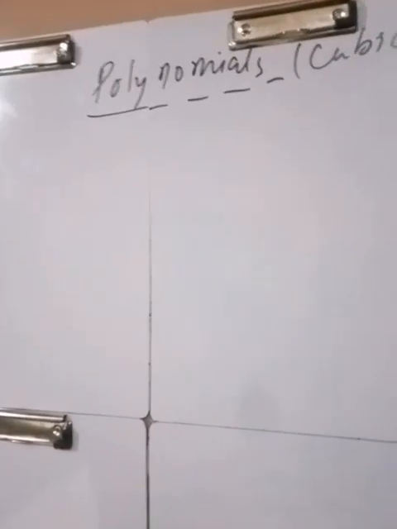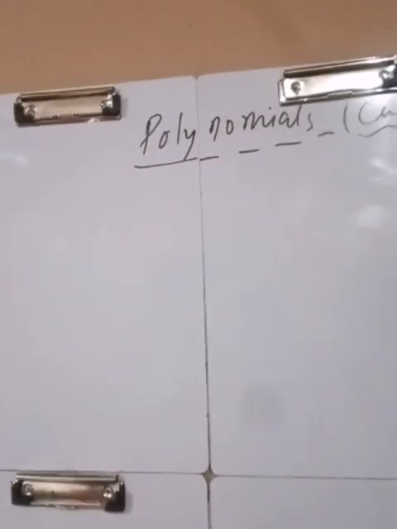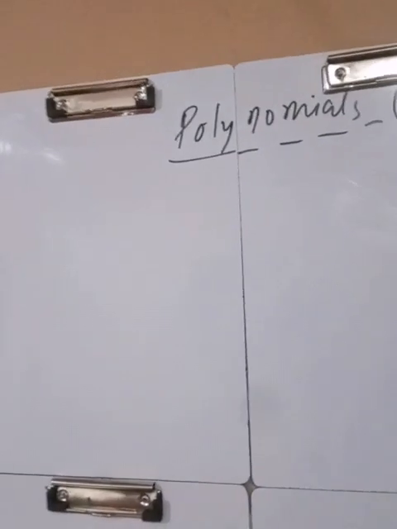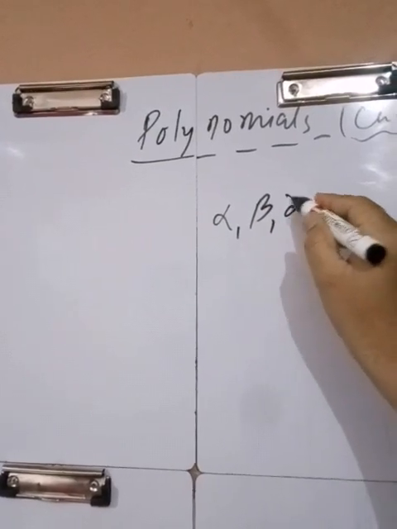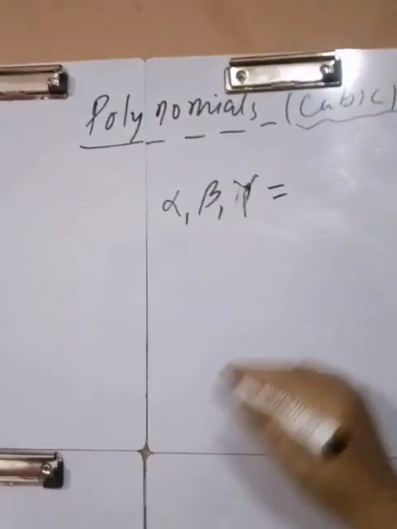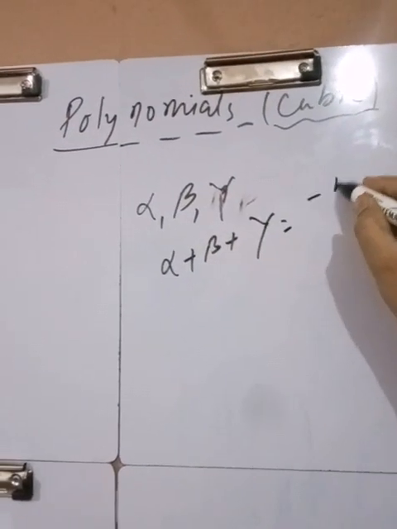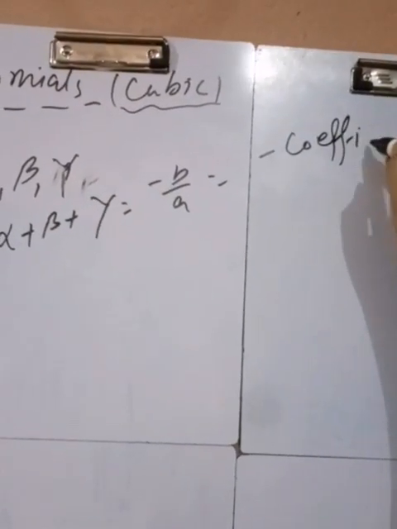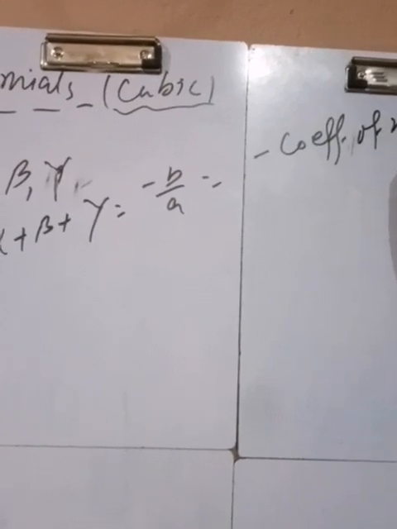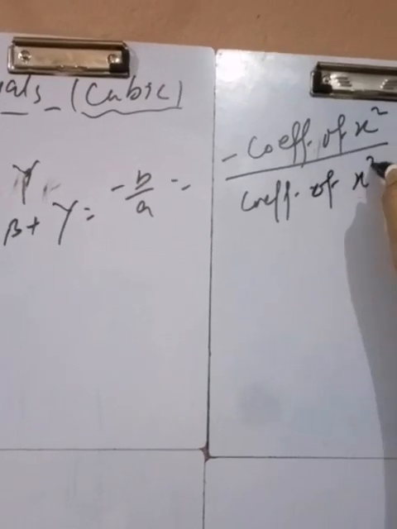Good morning, children. Last day we started cubic polynomials, in which we did one question, where we also saw the relation between zeros and coefficients. Suppose the three zeros are alpha, beta and gamma. Then the sum of the zeros, alpha plus beta plus gamma, is equal to minus b by a, which is also the negative of the coefficient of x square by the coefficient of x cube.